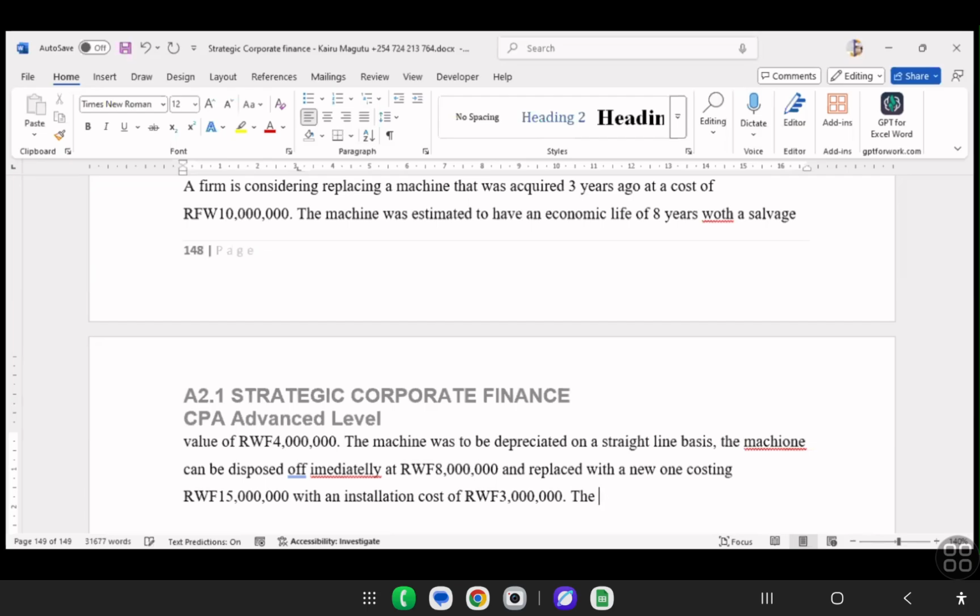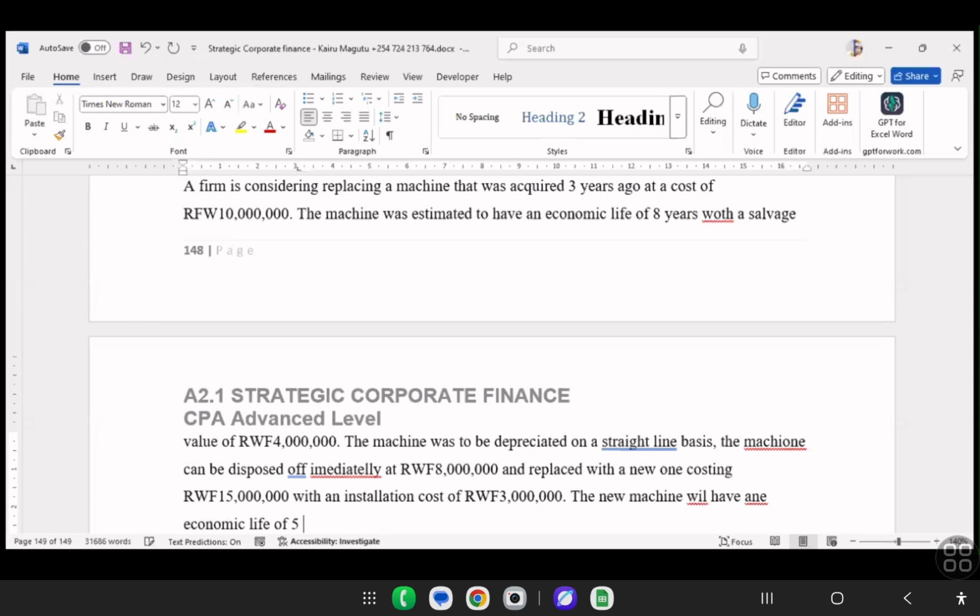The new machine will have an economic life of, now we are told that the old machine was expected to have 8 years. It has been there for 3 years. For the purpose of the evaluation, the remaining life of the old machine and the life of the new machine should be the same.